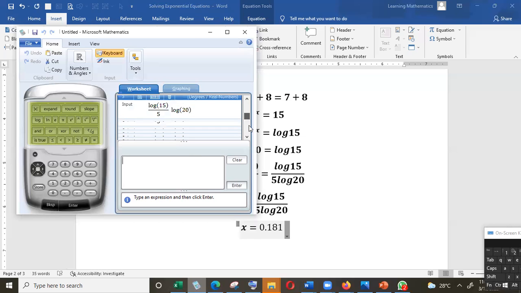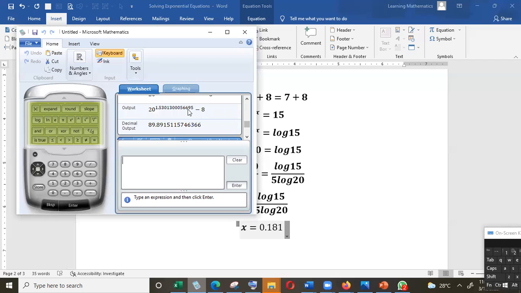Let's substitute in that power here: 5 times 0.181 minus 8. I wonder if this will give 7. Yes, 7.0.